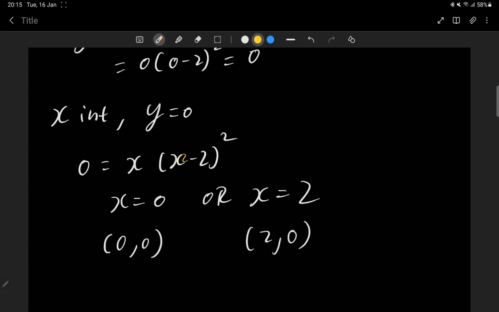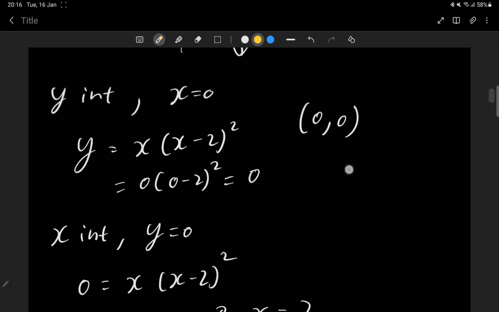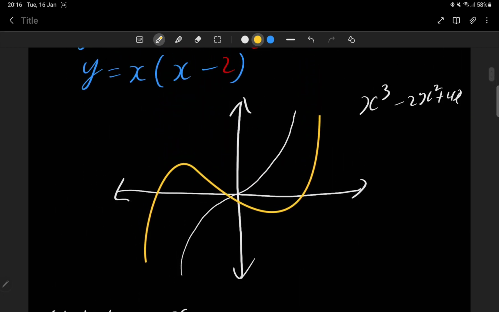Now, one thing that will give us a hint here is if you have a function that's squared like this. Normally speaking, if you see a cubic function, you're going to have 3 different intercepts, one here, one here, and one here, right?